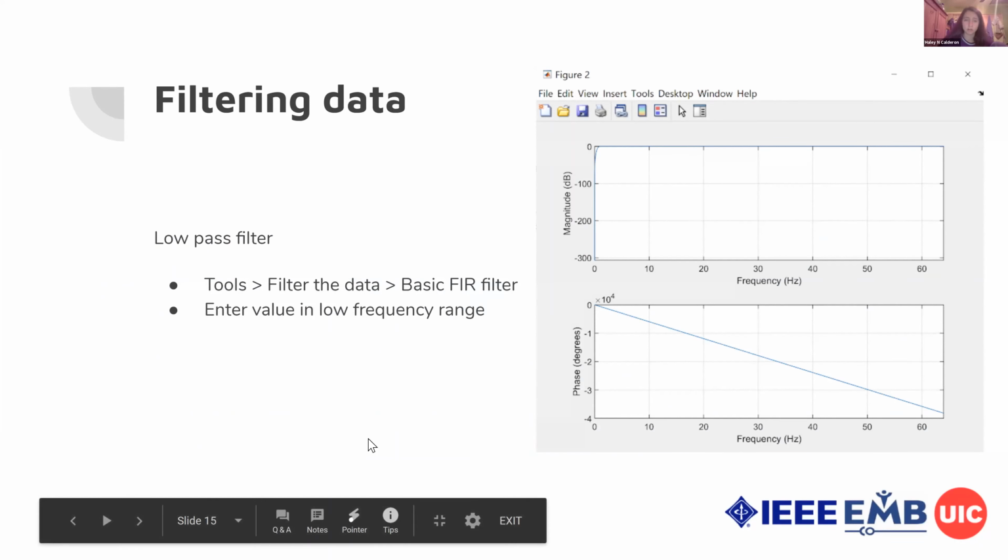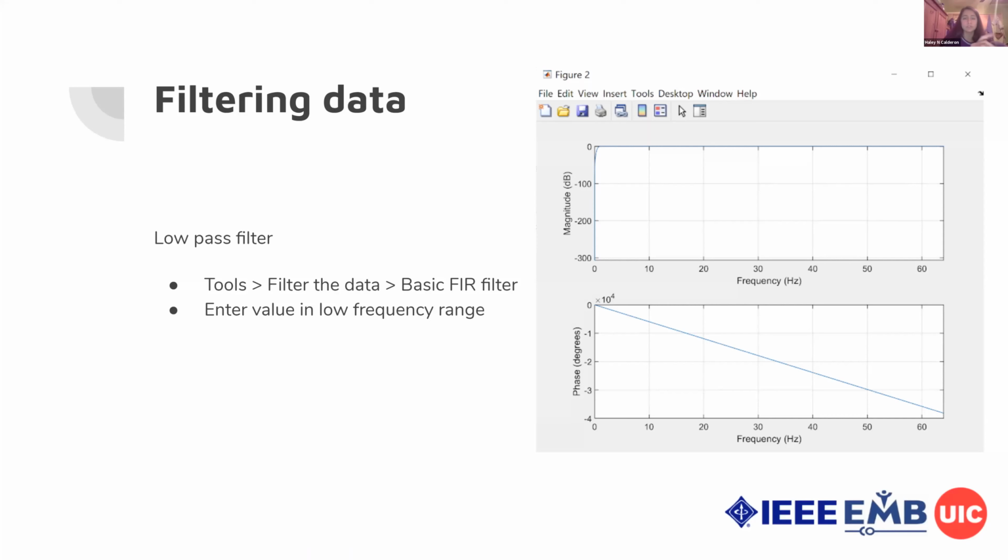So for the low pass filter, you go to the tools menu from the main EEG GUI, hit filter the data, and do basic FIR filter. From there, it's going to pop up a screen where you can enter in a value for the high frequency and a value for the low frequency, right? So you're filtering out low and high.